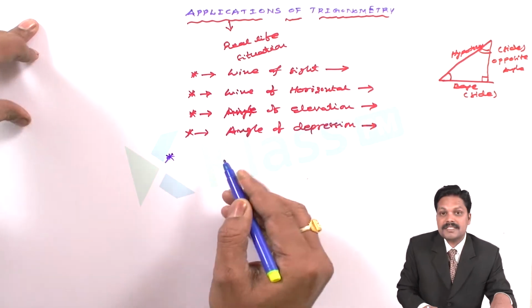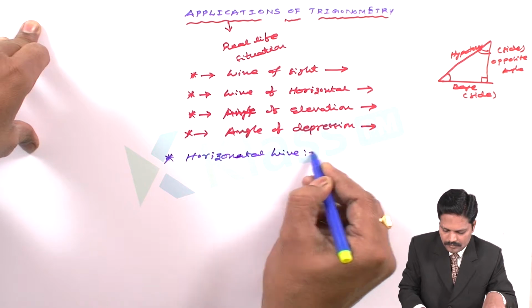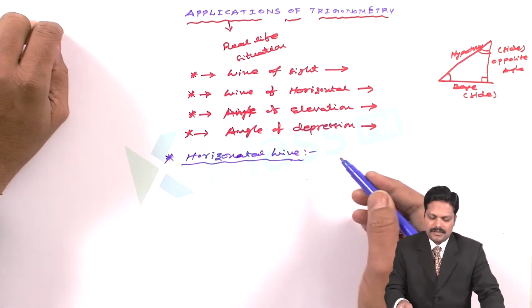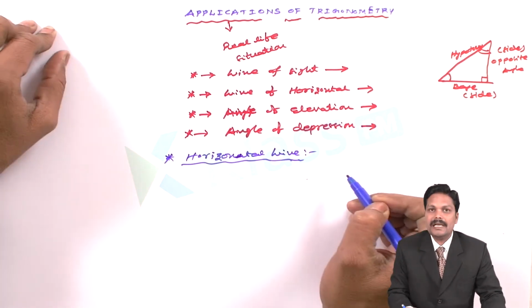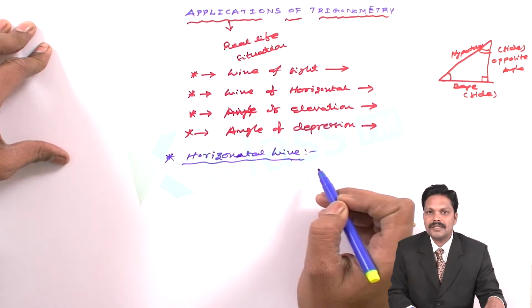Our first topic is the horizontal line. What is the meaning of horizontal line? A line which is parallel to the base or the ground or the earth is called a horizontal line.